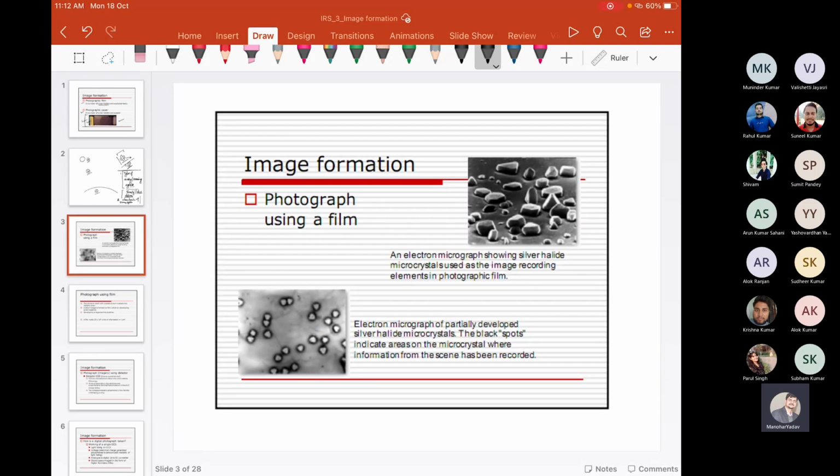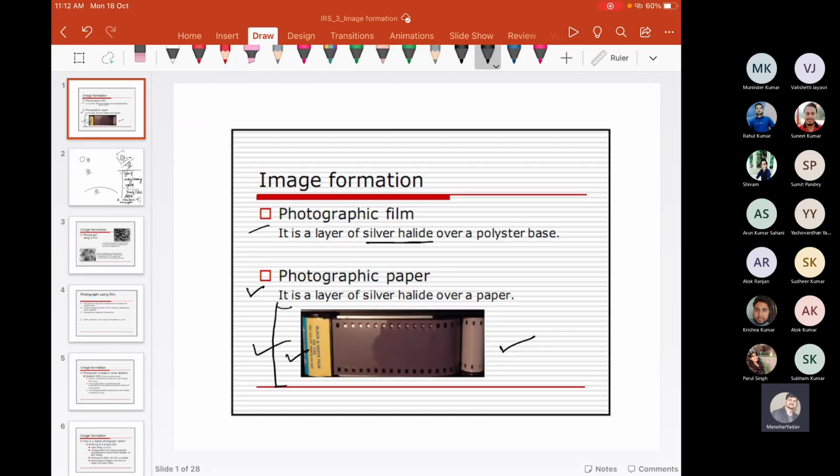Now we'll see how images are acquired in analog photography. Once you switch on the camera, the reflected light is sensed, and that reflected light falls on this photographic film. Once the light falls on this photographic film, there are internal chemical changes.